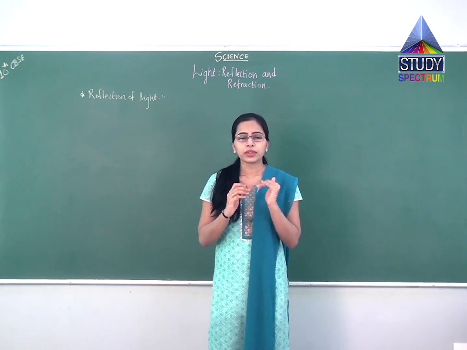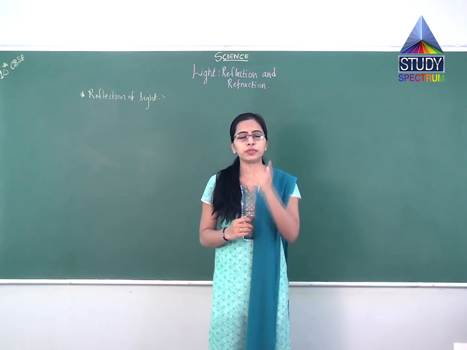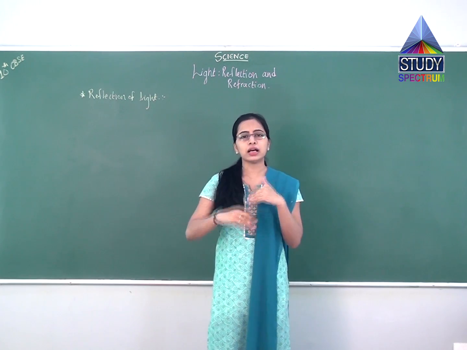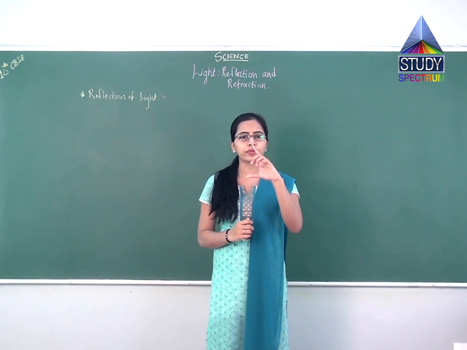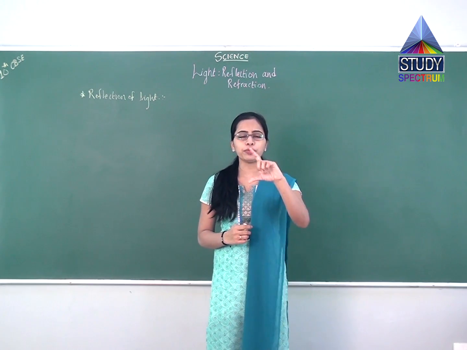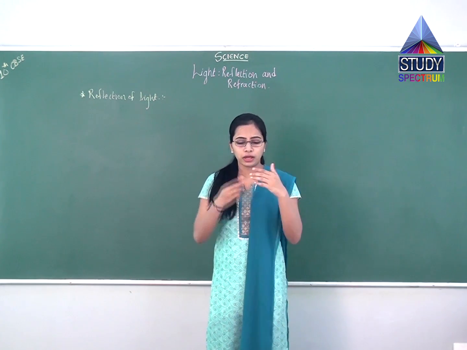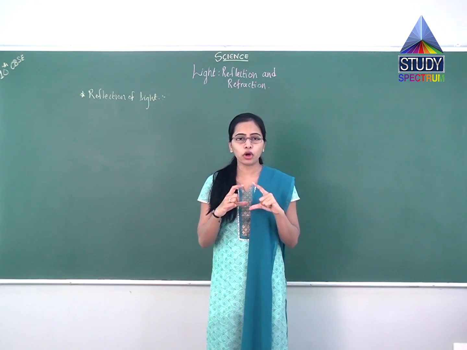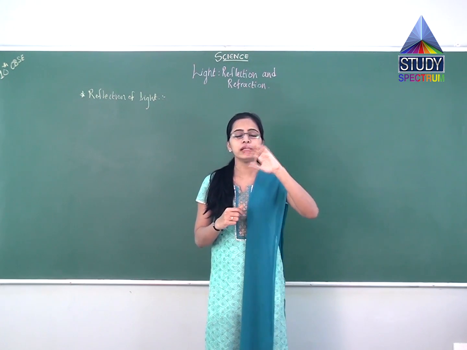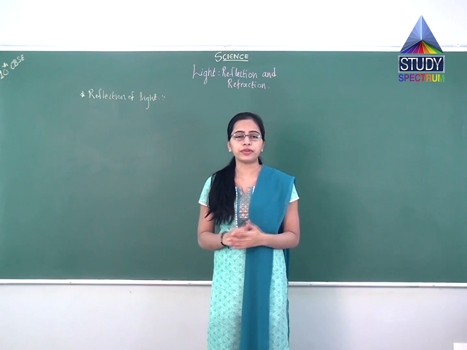Now, just recall the characteristics of the images. The image formed by a plain mirror is an upright image. If I give you the example of a candle, you can see the image of the burning candle. Suppose the original candle is my object. In the object, the flame is upward. In the image also it is upward.